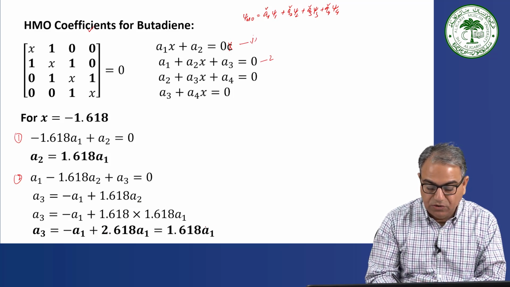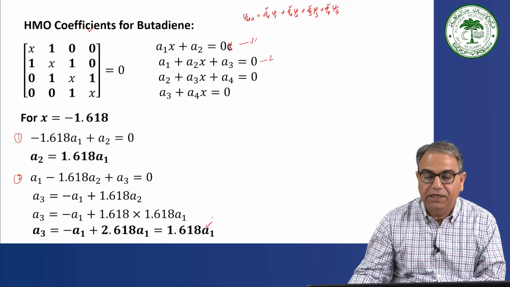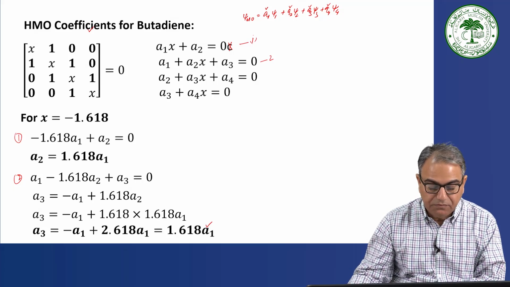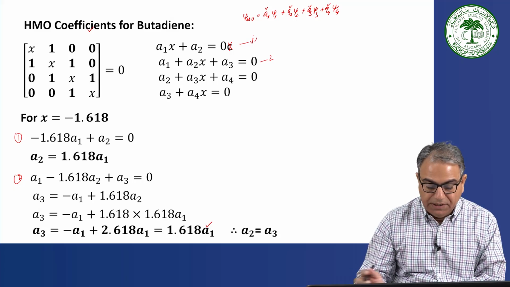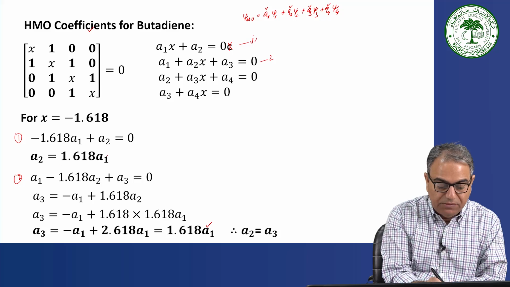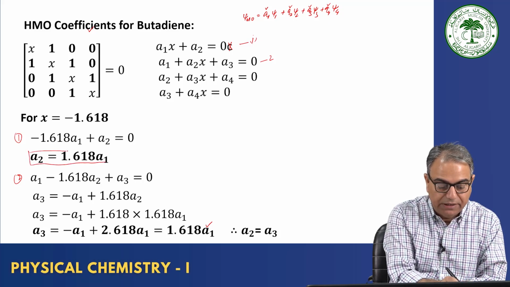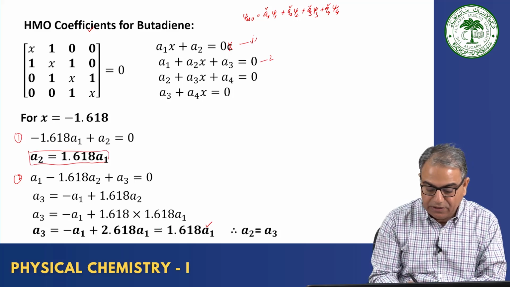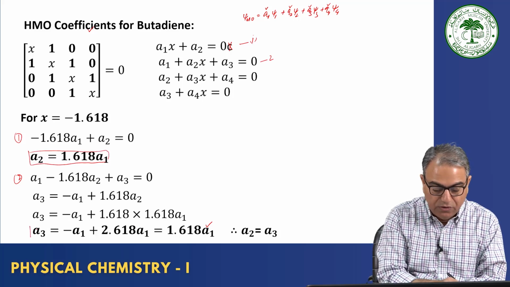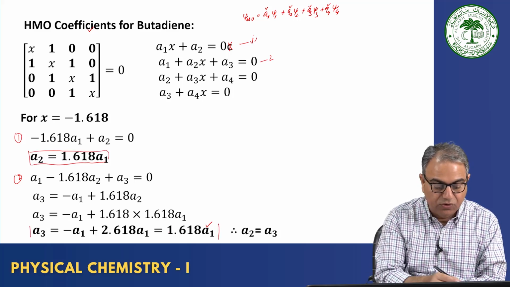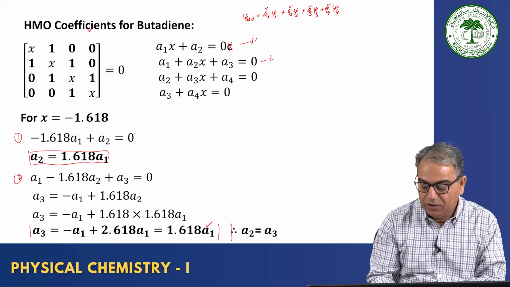So A3 is equal to 1.618 A1. What does it mean? From these two equations, A2 is equal to 1.618 A1, and A3 is also equal to 1.618 A1. So the net result is A2 and A3 are equal.